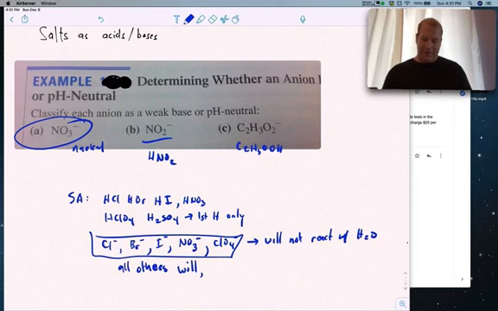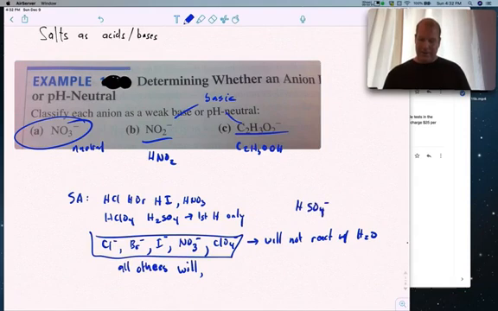So acetic acid is the conjugate acid to this. Both B and C are basic. In general, the only anions that are not going to react with water are the ones I've boxed in there, and those are the conjugate bases of the strong acids.